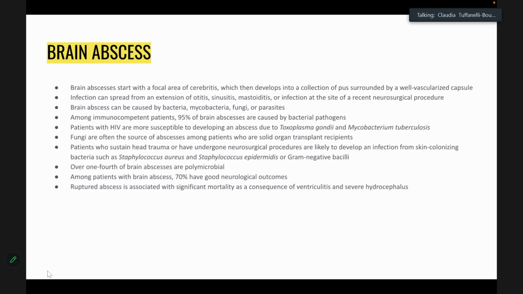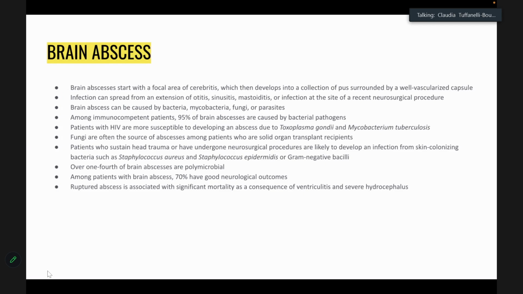Infection can spread from extension of an ear infection, sinusitis, mastoiditis, or if you've had a recent neurosurgical procedure. So if somebody's had anything done. Brain abscess can be caused by bacteria, mycobacteria, fungi, or parasites. So tuberculosis abscess, something you may see.